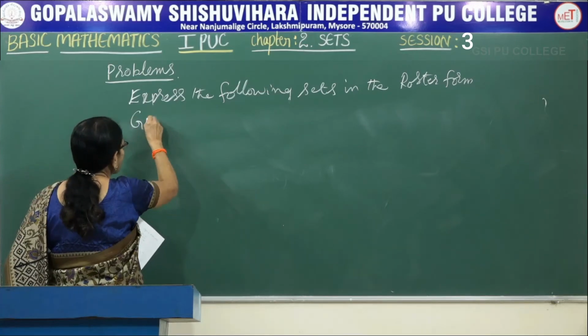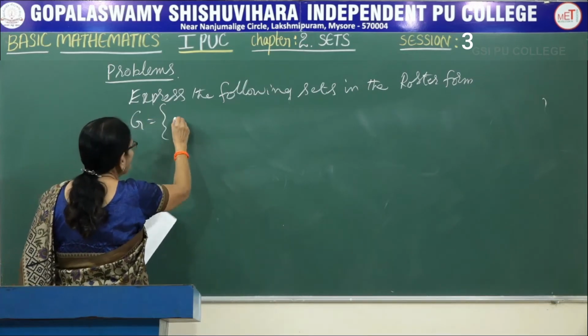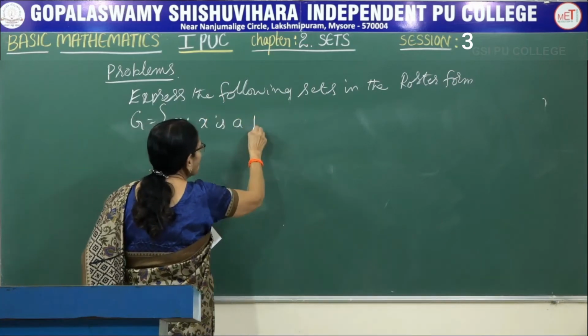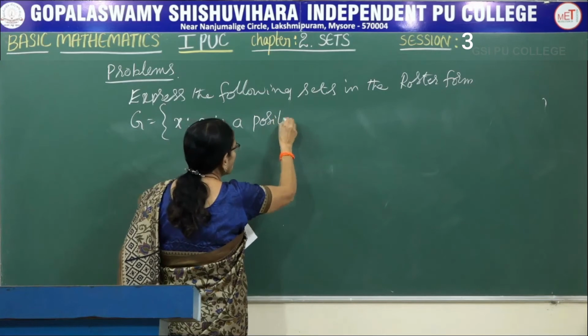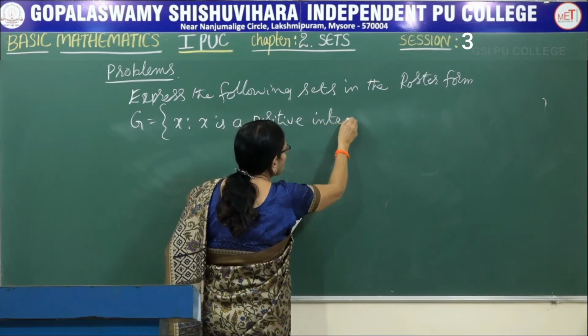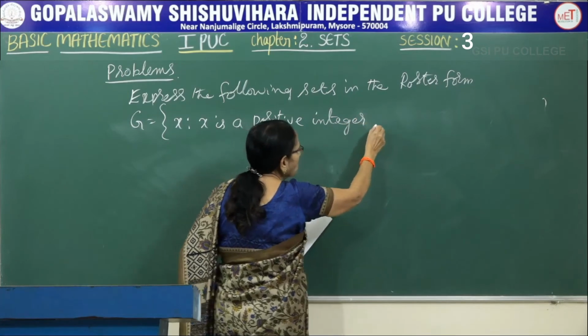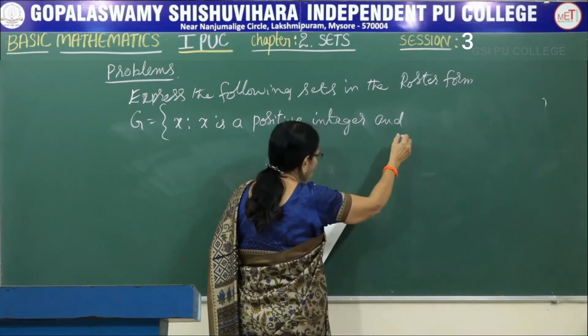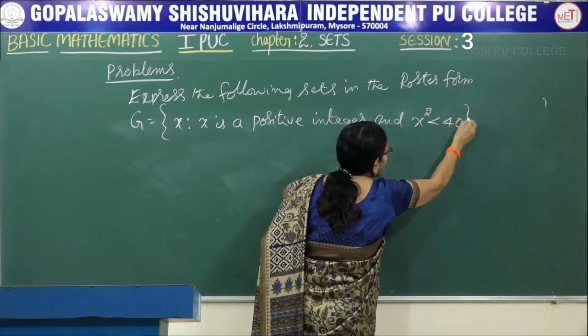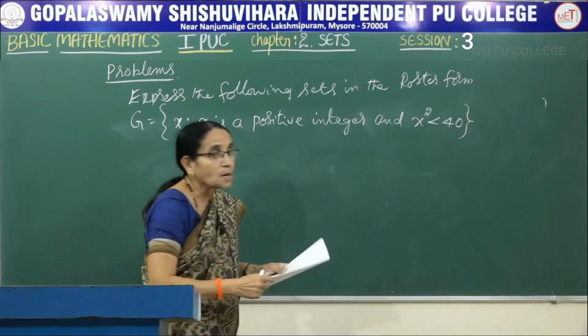Now, the set G contains all x such that x is a positive integer, and one more condition is given, x square is less than 40. Now, this is a condition.